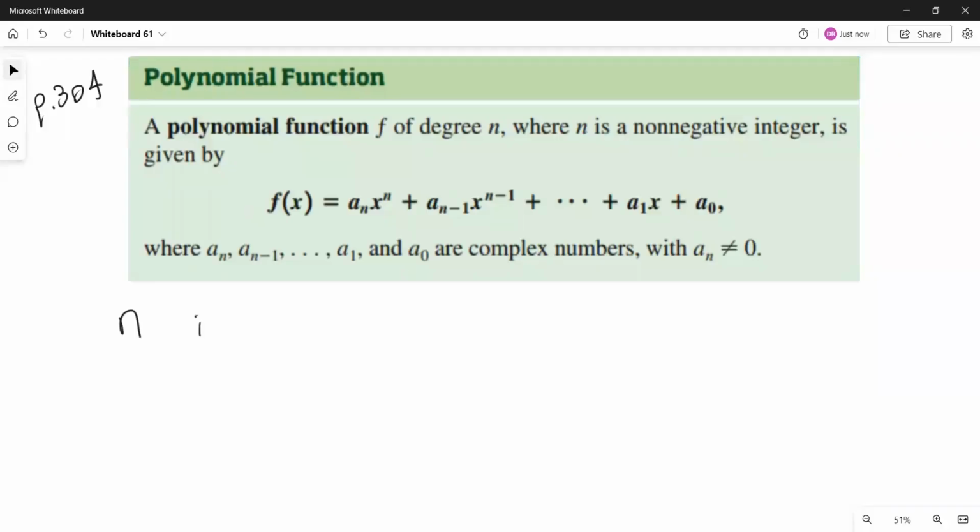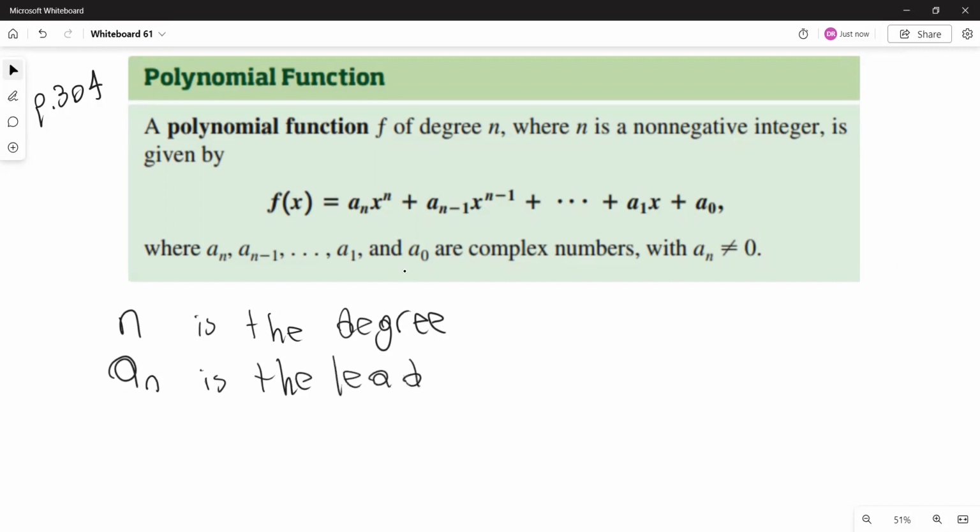So in a polynomial, n is the degree. a_n is the leading coefficient. This gives you important information about the behavior of the graph of the polynomial. And a_n x^n is the leading term.